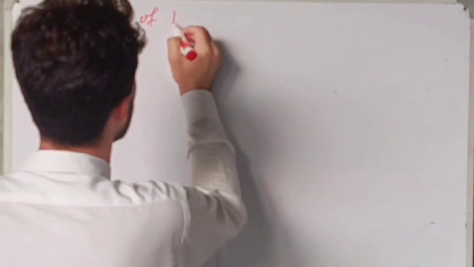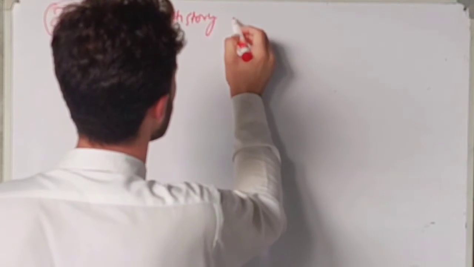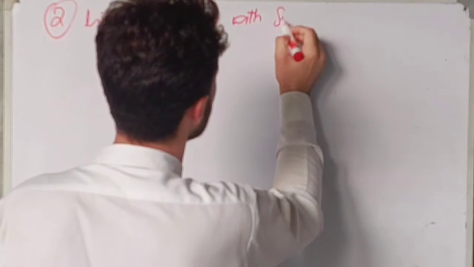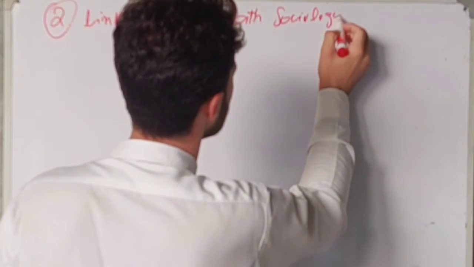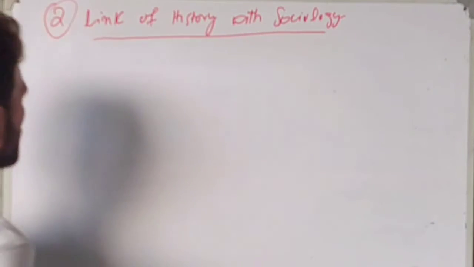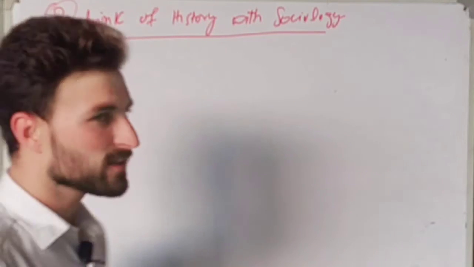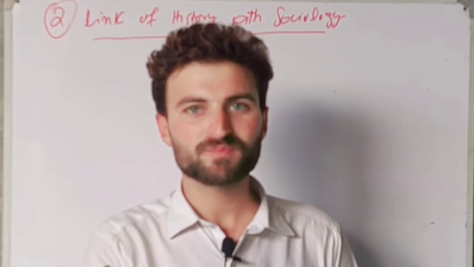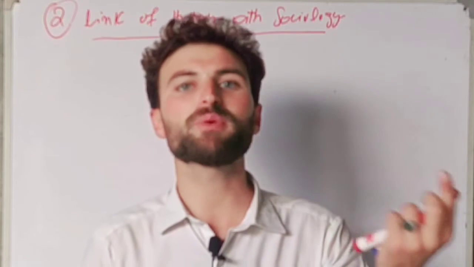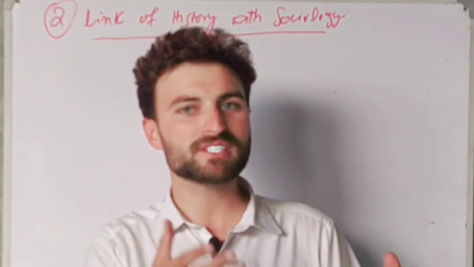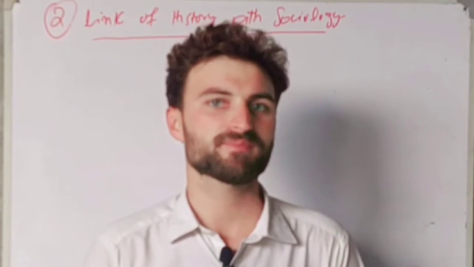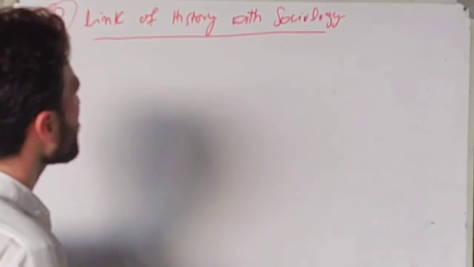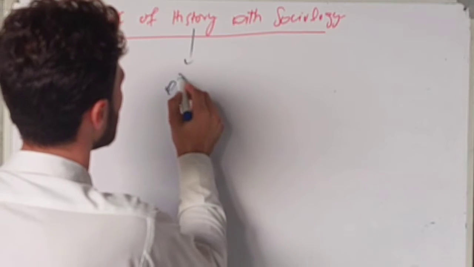Now we will discuss the link of history with sociology. What does history mean? History is basically that knowledge which is about past events, or in history we discuss past events. Especially we have focused upon ethnics.